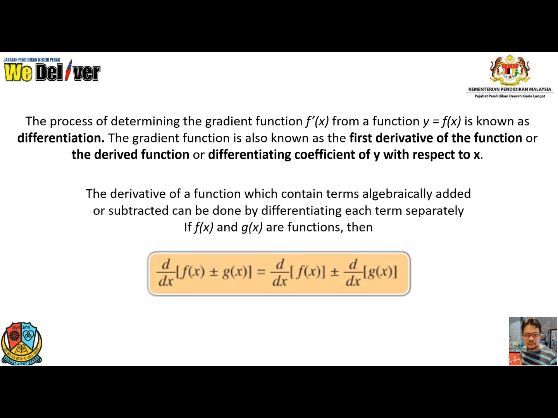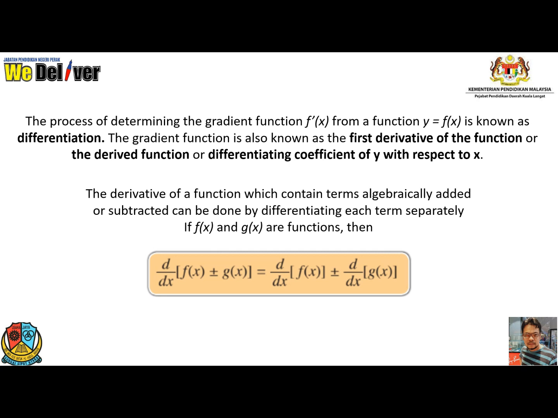The process of determining the gradient function f'(x) from a function y equals f(x) is known as differentiation. The gradient function is also known as the first derivative of the function, or the derived function, or the differentiating coefficient of y with respect to x.